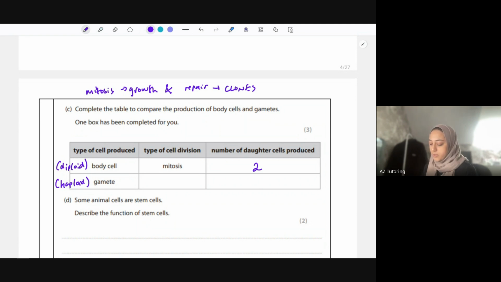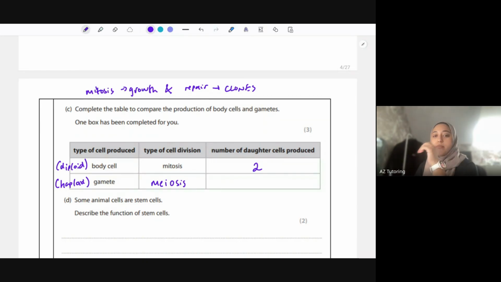The gametes, the type of cell division for that is meiosis. It's really common for students to misspell this, so just be careful. M-E-I-O-S-I-S. Let me write that again. Meiosis. So to produce the haploid cells, which are the gametes, these cells are all genetically different.